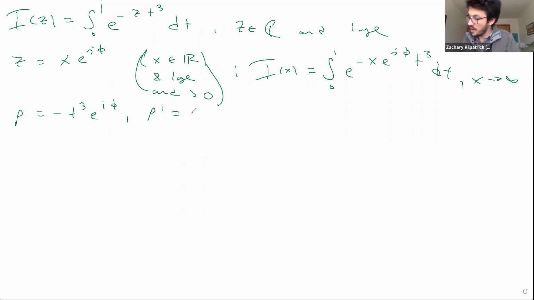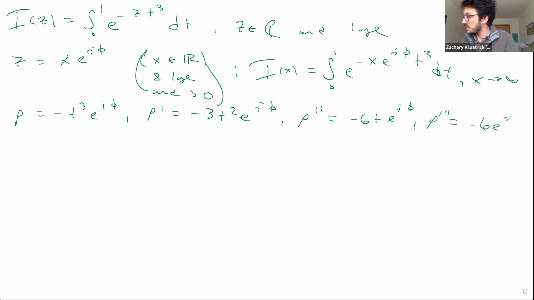That means that rho prime equals minus 3t squared e to the i phi. Rho double prime is equal to minus 6t e to the i phi. And rho triple prime is equal to minus 6 e to the i phi.